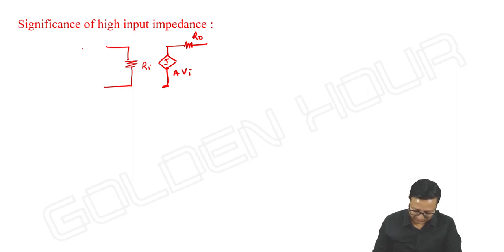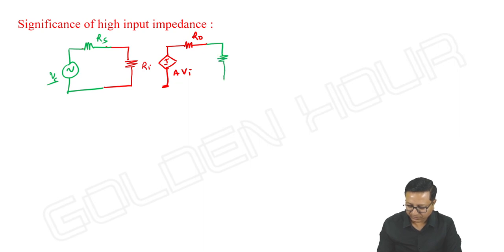First, let us start with a voltage amplifier, later we can go to the operational amplifier, with source VS, RS, and some load resistor.